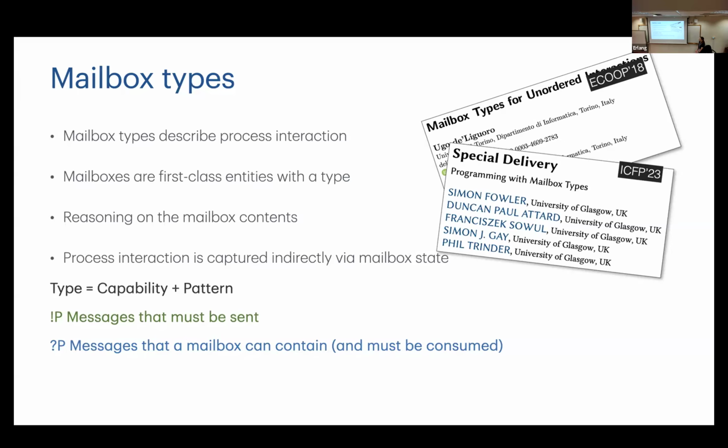So mailbox types are represented by a capability and a pattern, where the capability is either bang P, where P is the pattern that represents messages that must be sent, or question mark P that represents messages that a mailbox can contain and must be consumed.